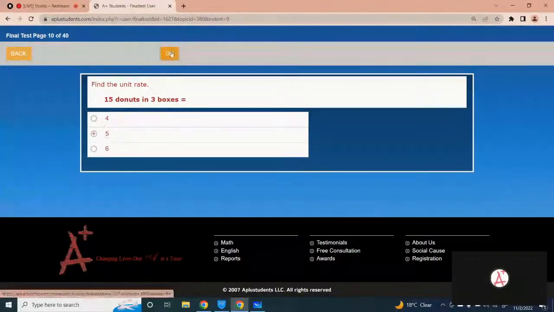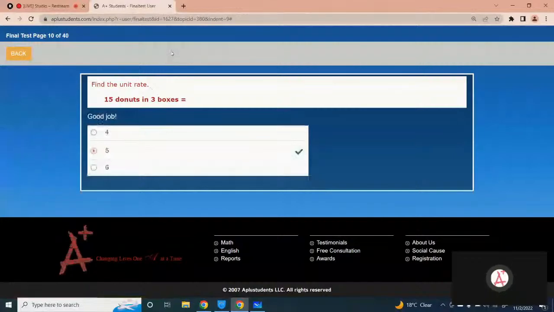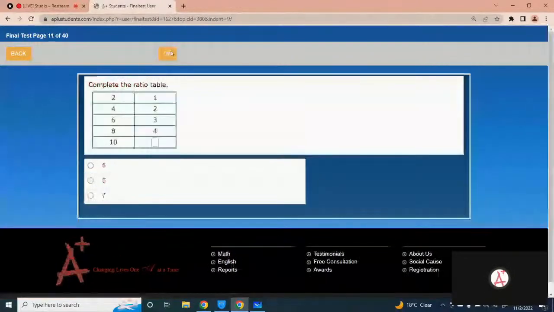So you have 5 donuts in one box. Got it? Okay. Complete the ratio table. The missing value is 5. Just select the correct option, then click on the OK button.